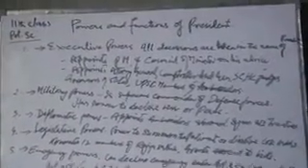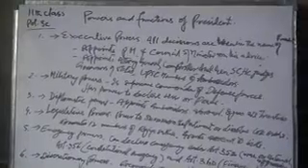He is the Supreme Commander of the Defense Force and can declare war or peace. And the diplomatic powers, legislative powers, emergency powers, and discretionary powers are vested with the President of India.